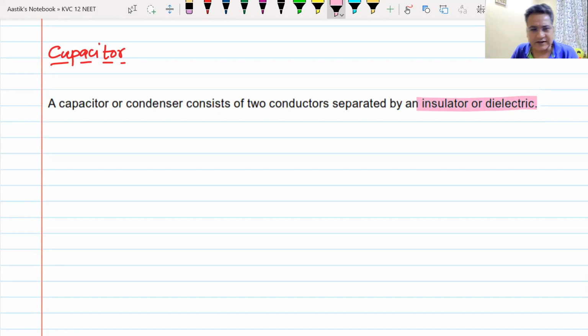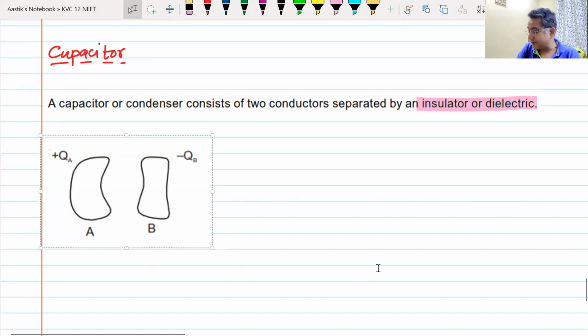It could be filled with anything. So whenever you have a combination of two conductors placed at a small distance away from each other, this combination is known as a capacitor.